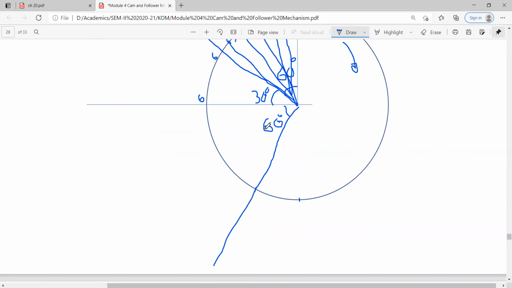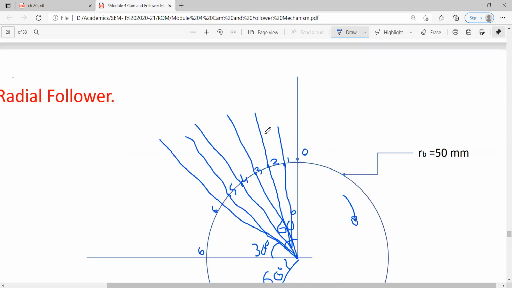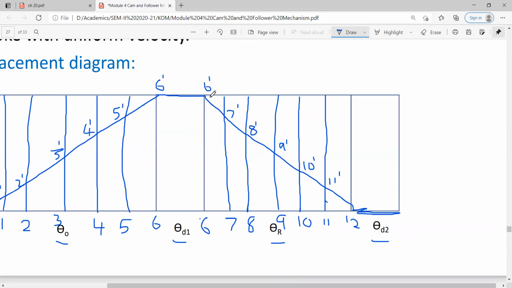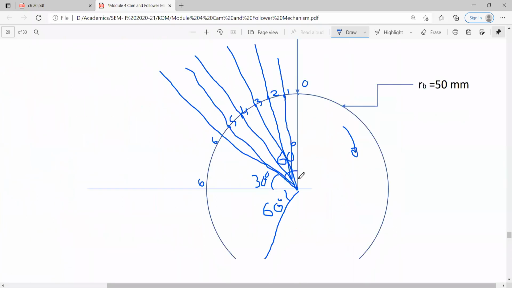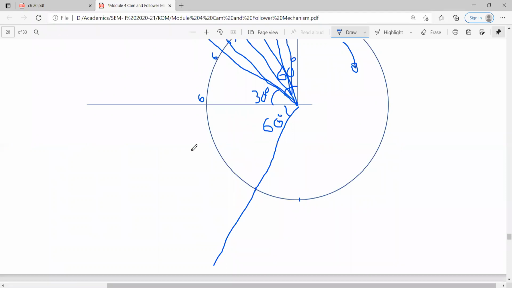Then this 60 degree is the angle of return. So into how many parts did we divide the angle of return? 6 parts. So here also I will divide this angle of return into 6 parts. Each part will be of 10 degree. So here it is like this.